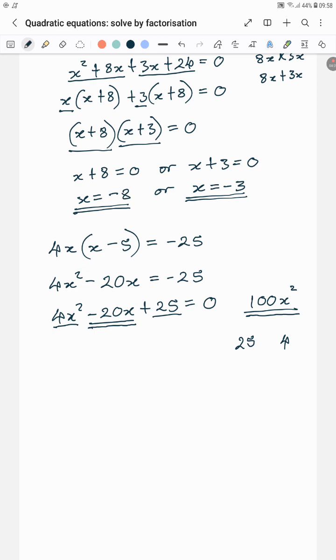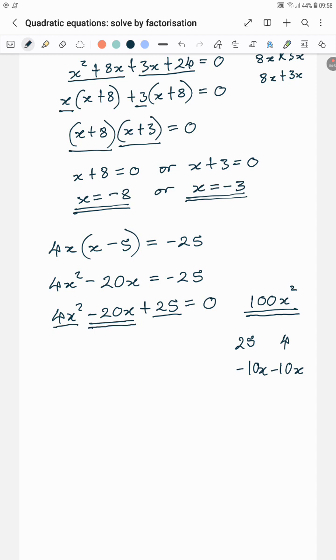If you have 10 times 10, let's say you have 10 times 10, but you have to make them both negative. So if you multiply minus 10 times minus 10, you get 100x squared. But if you add them, you get minus 20x.